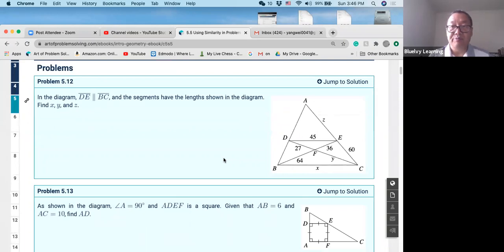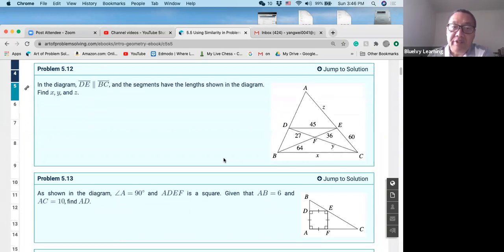Let's see this problem. So in this diagram, DE parallel with BC. So when they give you this, you need to add an arrow here, DE parallel with BC. And the segments have the lengths shown in the diagram. They ask you to find X, Y, Z.